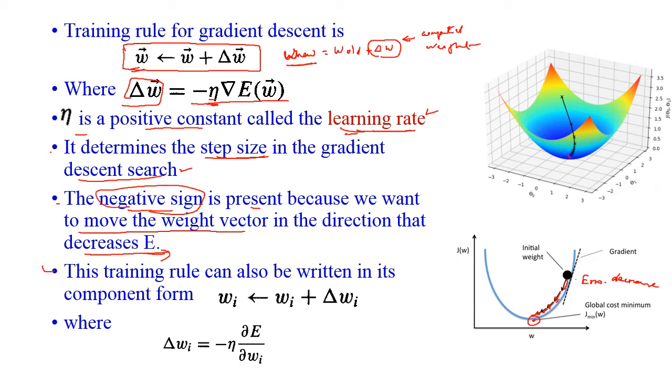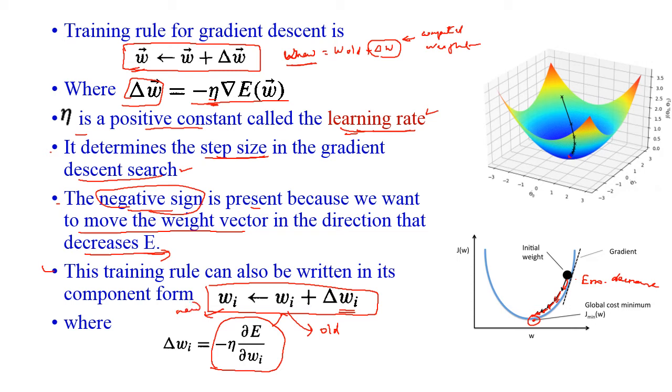The training rule can also be written in component form: Wi equals Wi plus delta Wi. So the computed delta Wi will be added to the old weight Wi, and this gives the new weight.